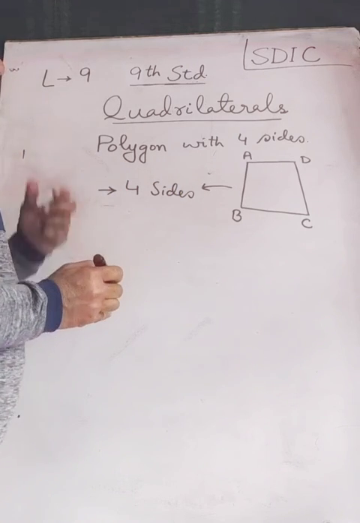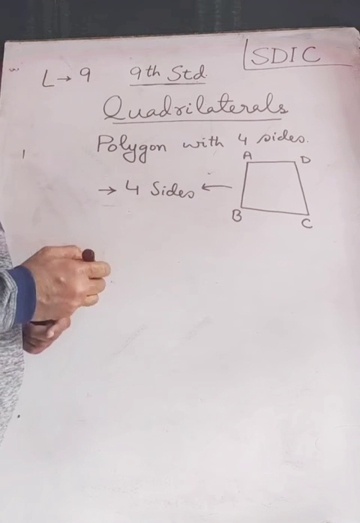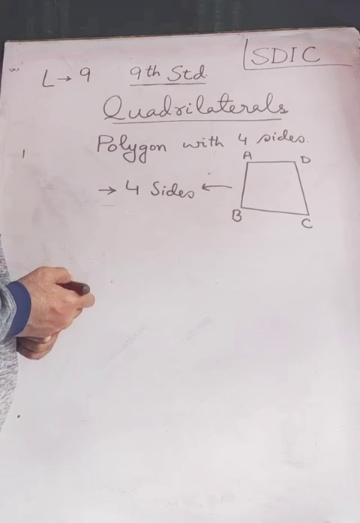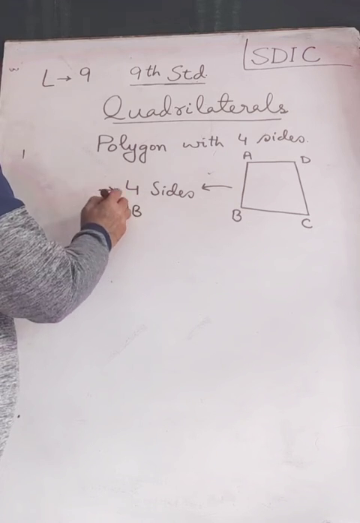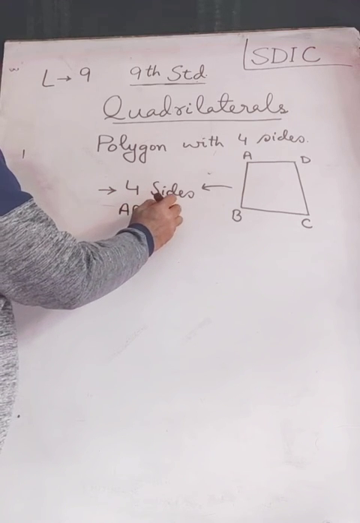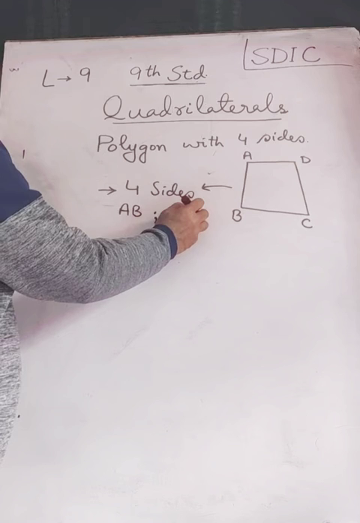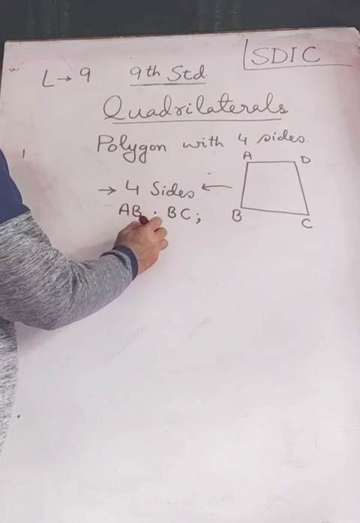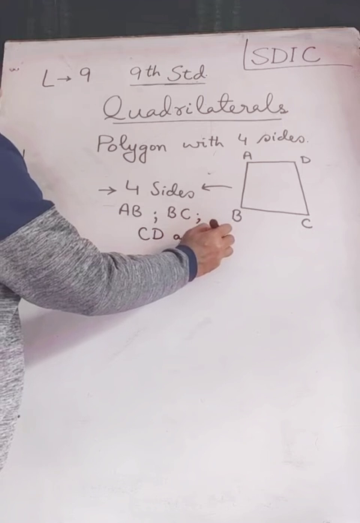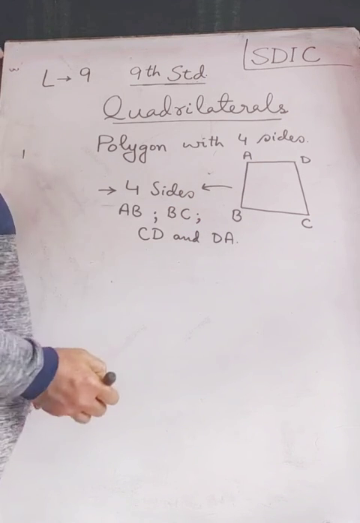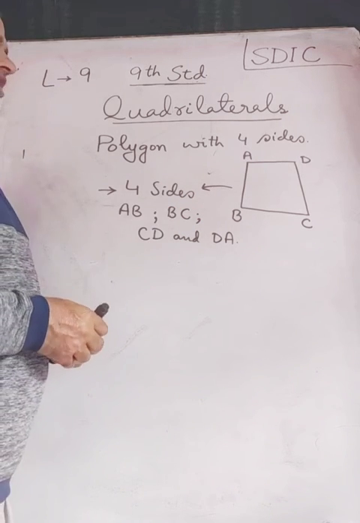You can name those 4 sides of the quadrilateral in this figure. One of the sides is AB. Second is BC. CD is the third one. And DA is the fourth one. 4 sides of this quadrilateral: AB, BC, CD and DA.